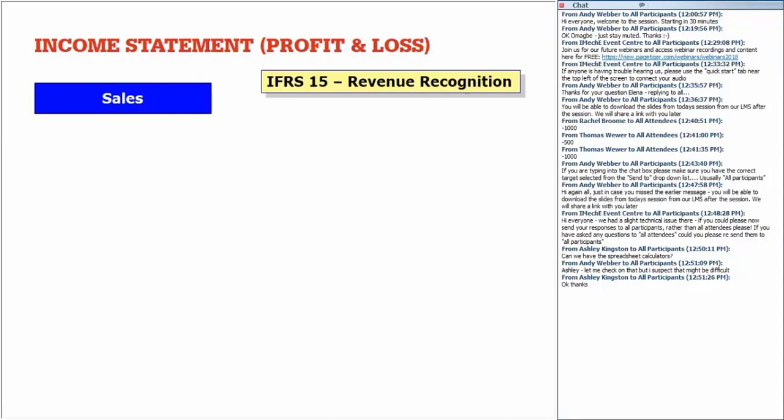You could, as an organization, make the staged payments be timed very carefully so that they fall in one year rather than another.